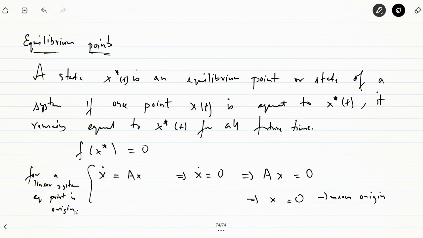All of those subsets will refer to the equilibrium states of the system. If A is non-singular, for a linear system, the equilibrium point is the origin. But if A is a singular matrix, that means basically it will refer to a non-controllable system. In that case, you can have a number of equilibrium points.